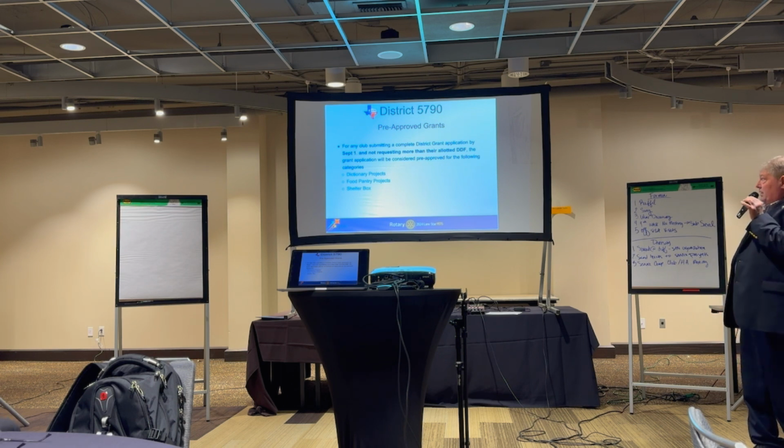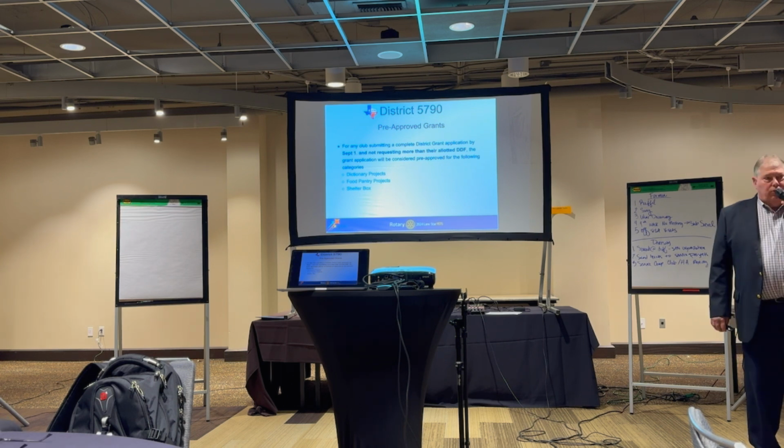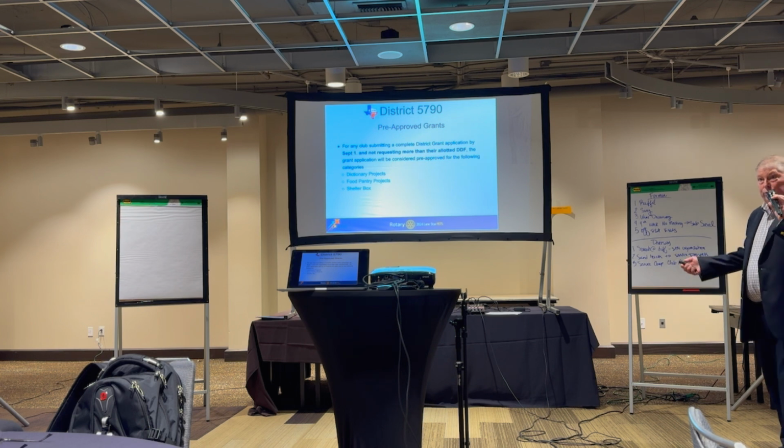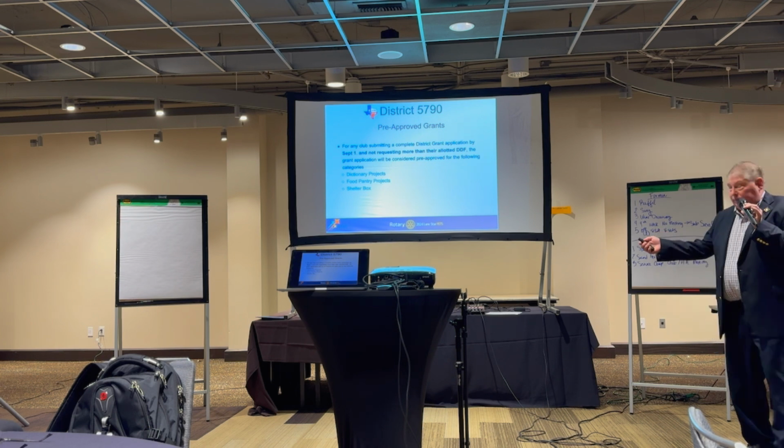So if your club is asking for a dictionary project, food pantries, or you're donating money to Shelter Box, those will be considered pre-approved. As long as you're not asking for more than your DDF, if you need to start ordering dictionaries in August, even though we won't officially look at these grants until September, that's perfectly fine. Okay? That's new for this year to try to help you out a little bit.